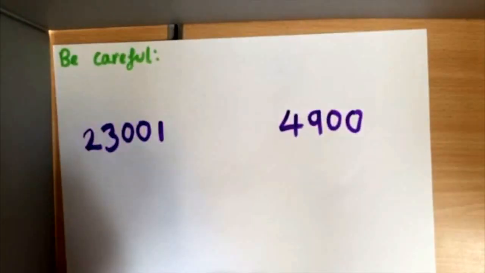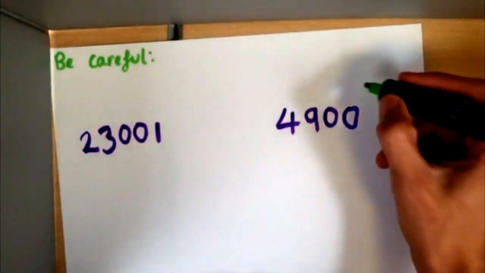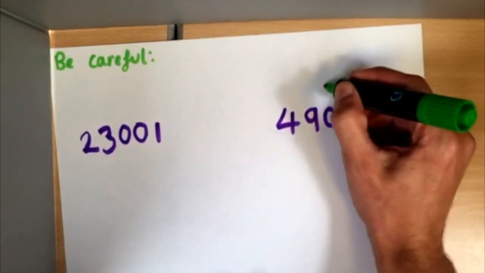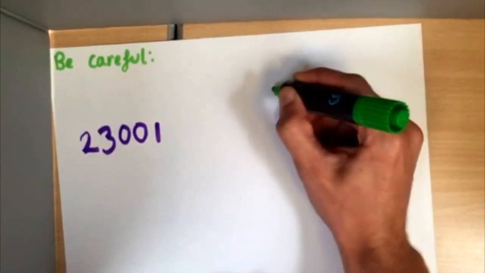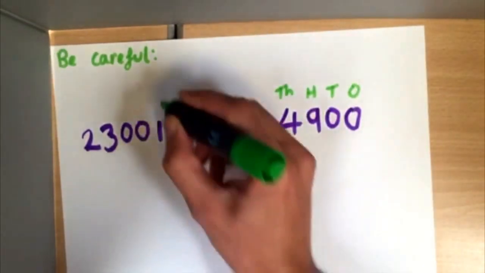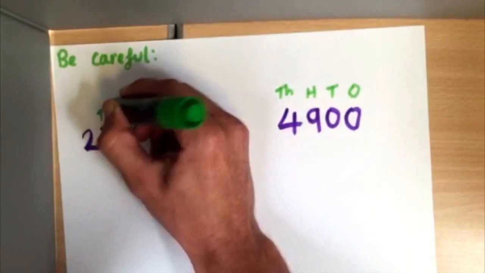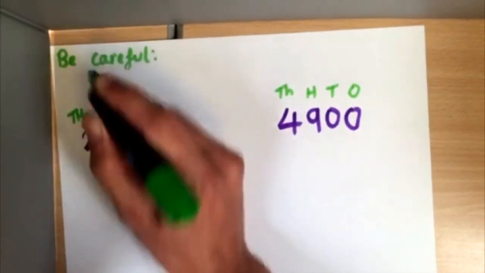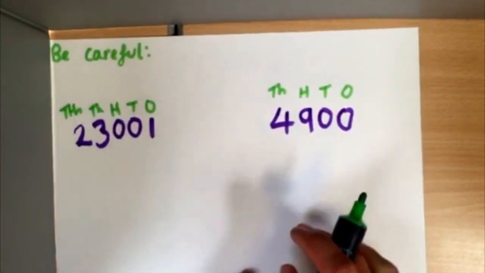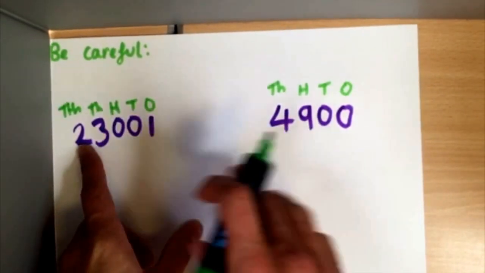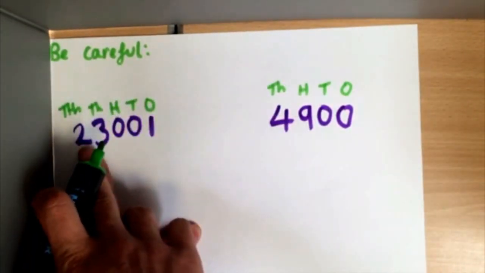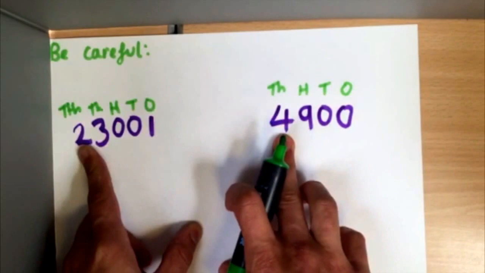But be careful, because as I said, use your place value. Okay, and you'll know that this one over here is ones, tens, hundreds, thousands, and over here we have our ones, tens, hundreds, thousands, and ten thousands, 10,000s. So if we do start from the left, you'll see that this is 2 lots of 10,000, and this is only 4 lots of 1,000.